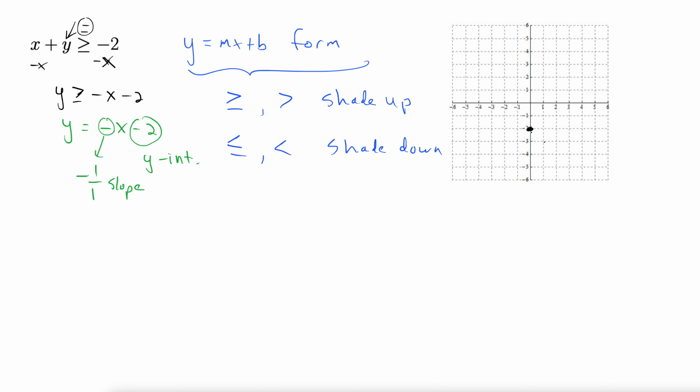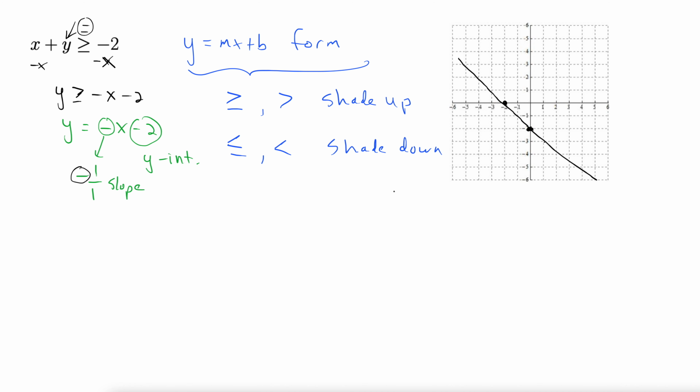What I like to do when I know it's a perfect diagonal, here I have a y-intercept of negative 2, and I have the negative, so I know it's going down and to the right. I just like to go to my other axis over here. So if we have negative 2 on the x-axis, that's going to give us our perfect diagonal that goes through negative 2 on the y and negative 2 on the x. Connect those up. There's our line.